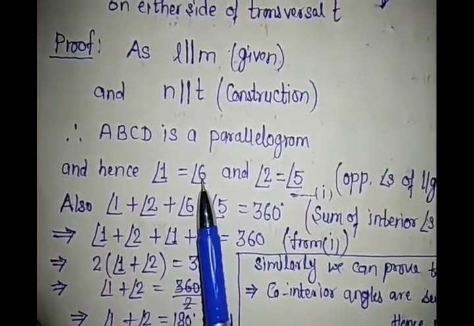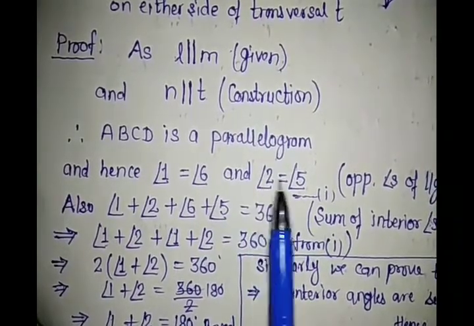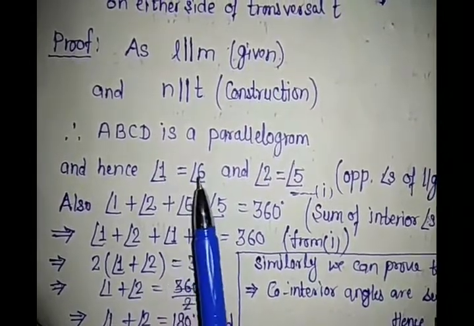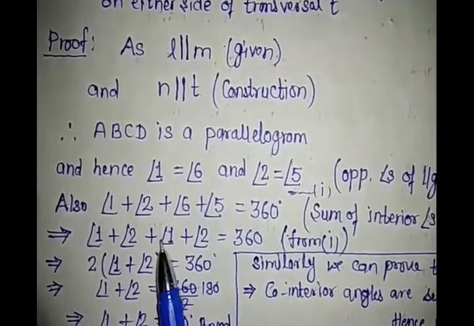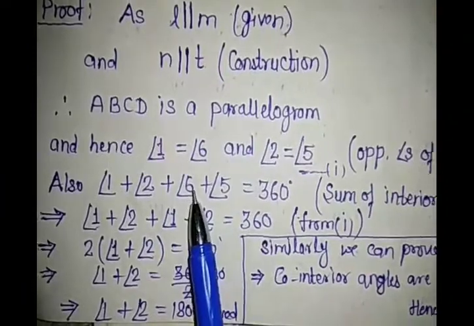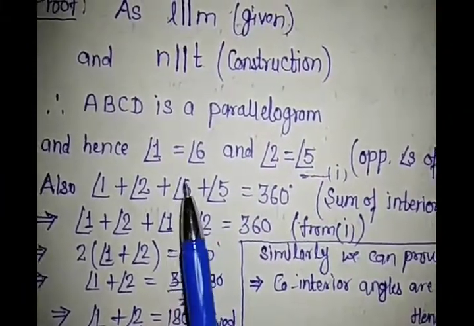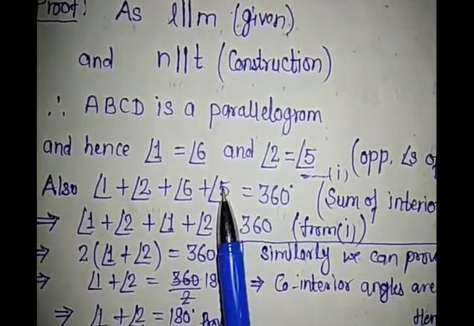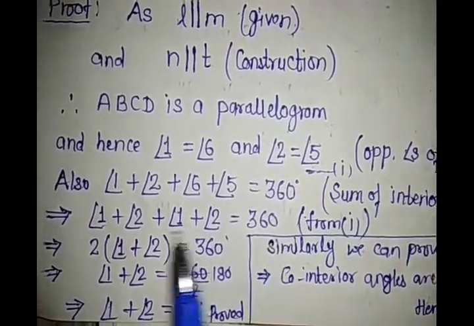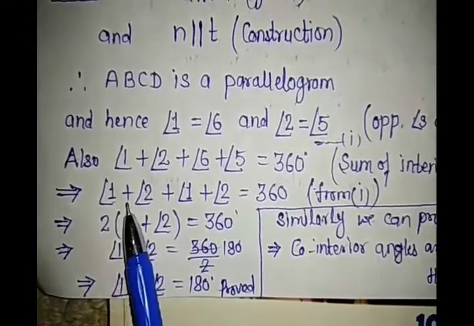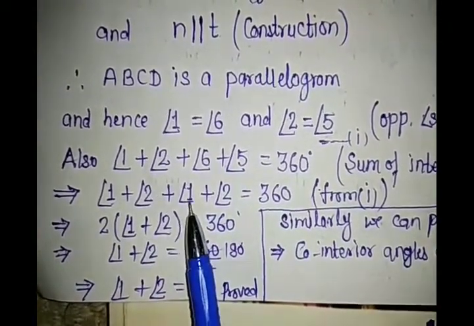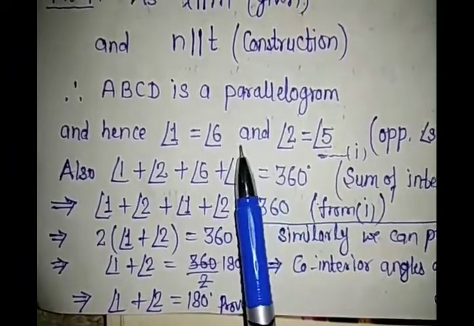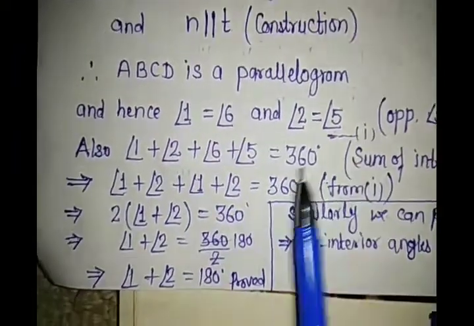But angle 1 is equal to angle 6 and angle 2 is equal to angle 5. So placing angle 1 in place of angle 6 and angle 2 in place of angle 5, this equation becomes angle 1 plus angle 2 plus angle 1 plus angle 2 is equal to 360, from equation 1.